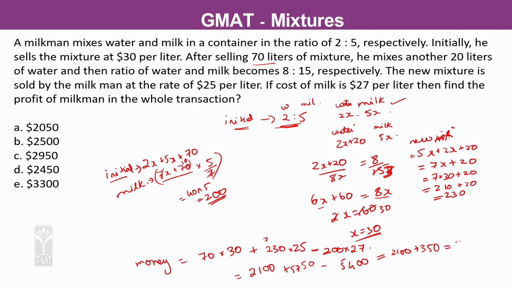So, the total comes out to be 2450. This is the profit that he made on the whole transaction, that is, answer is option D, 2450.